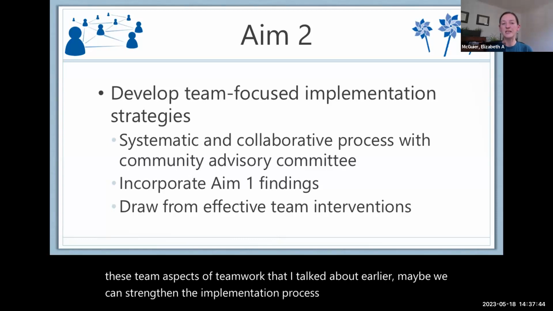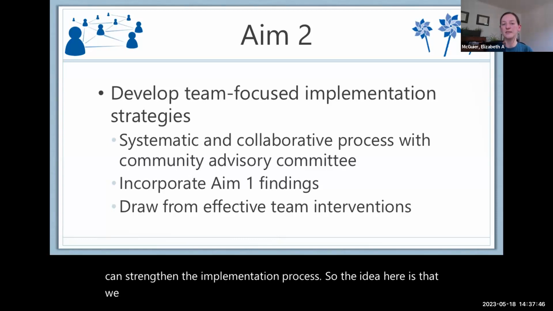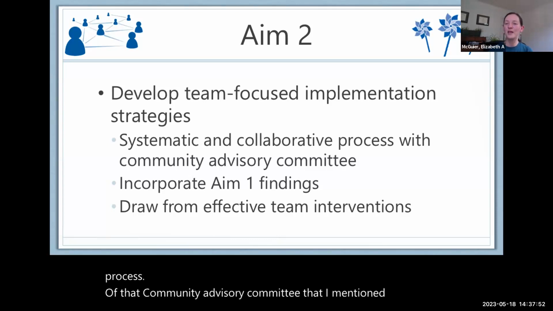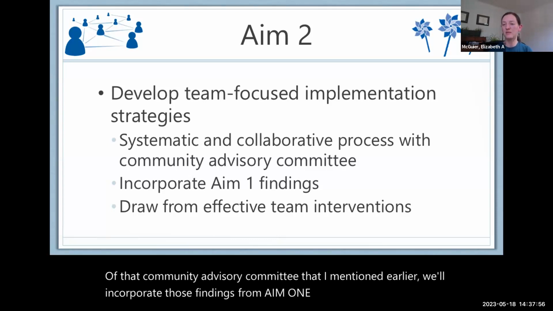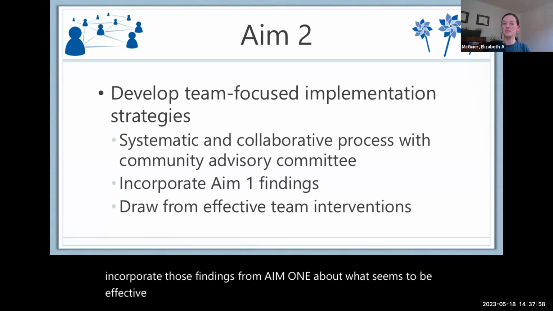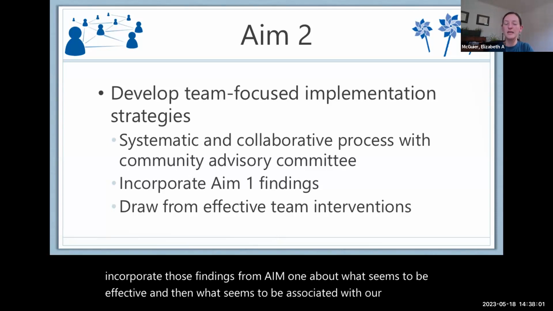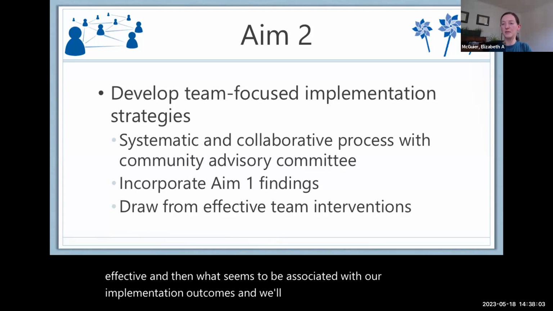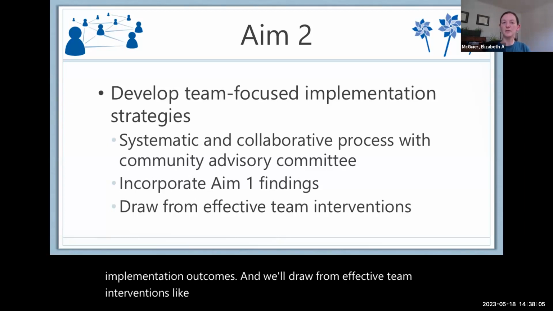We will do a systematic collaborative implementation mapping process with that community advisory committee that I mentioned earlier. We'll incorporate those findings from aim 1 about what seems to be effective and what seems to be associated with our implementation outcomes. And we'll draw from effective team interventions like I mentioned earlier.